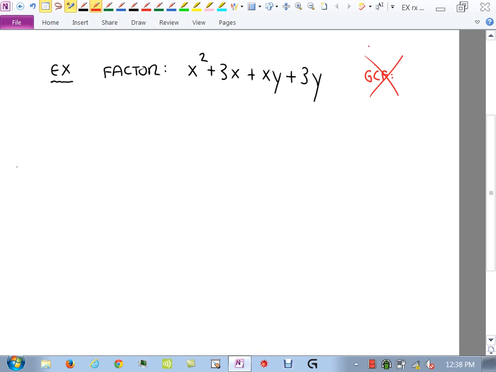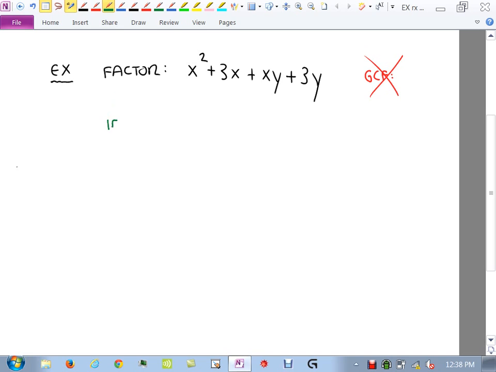So what we're going to be talking about today is a new method that we use when we have 4 terms. It's a method that we're going to try. We'll see later on this method does not always work, but when it does, it makes things pretty nice.